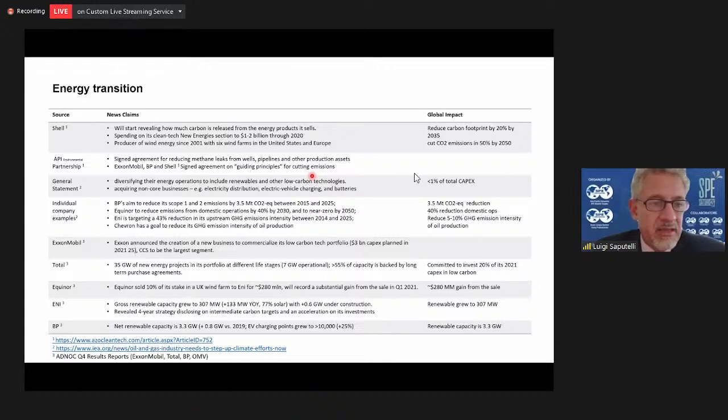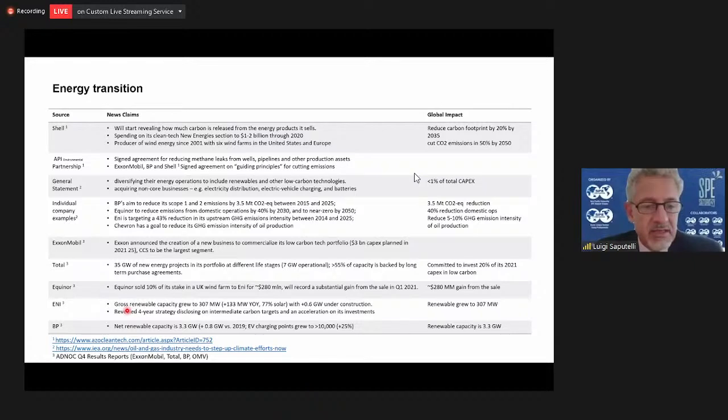Total, 35 gigawatts of energy projects in different stages, committed to invest 20% of its 2021 capex in low carbon technologies. Equinor, they have invested in wind farms and solar farms, ENI, BP, etc.